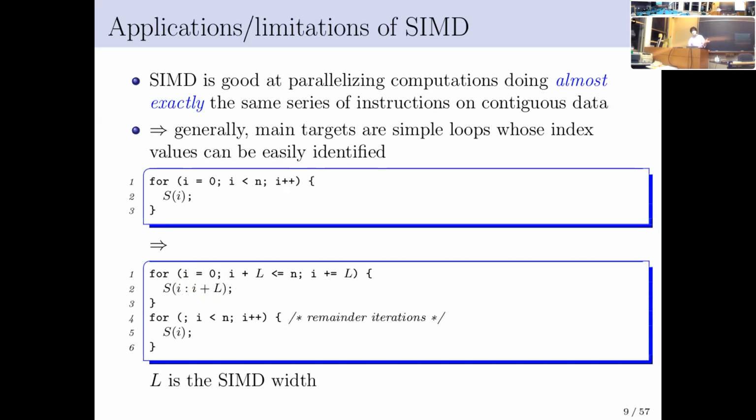S may be a very complex statement or even a series of statements, but the way you vectorize this computation is, you look at every single statement in S and every single expression in S and somehow replace originally scalar instructions with corresponding vector instructions. So this is, at least conceptually, how you vectorize arbitrary for statements.